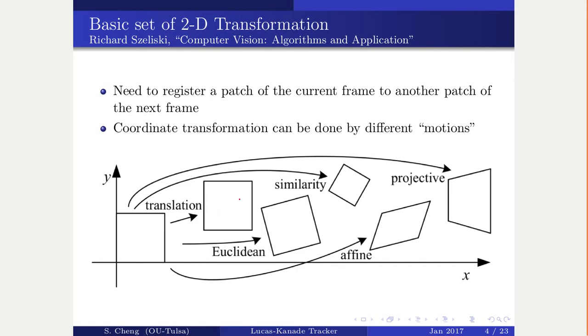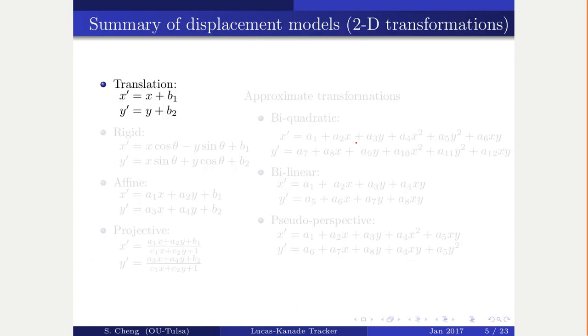So it's just shifting the coordinates. Or we can have a Euclidean transform that is basically a rotation and then shifting. We can have a similarity transform that's basically rotation, then translation, followed by scaling. And we can have an affine transform and also a projective transform with increasing capacity.